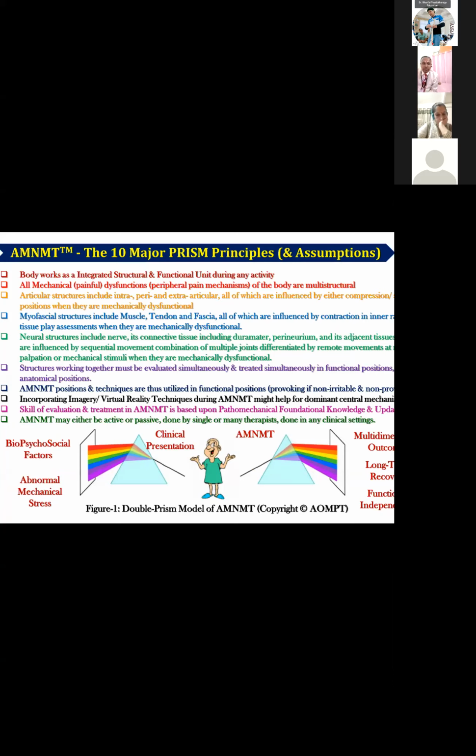So you will never get an injury which is only myofascial. Articular structures include the intra-, peri-, and extra-articular, all of which are influenced by compression or distraction positions when they are mechanically dysfunctional. Similarly, myofascial structures include the muscles, tendon, and fascia, all of which are influenced by the contraction.